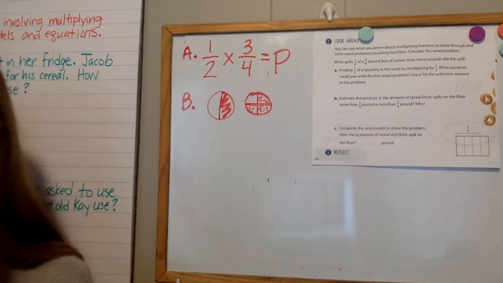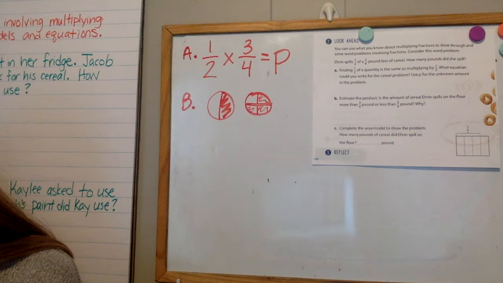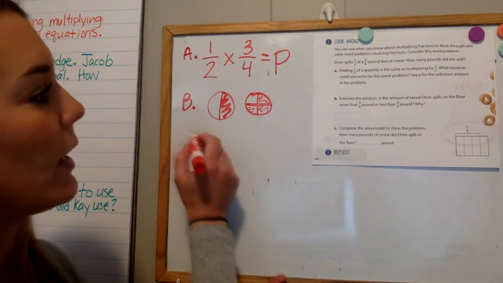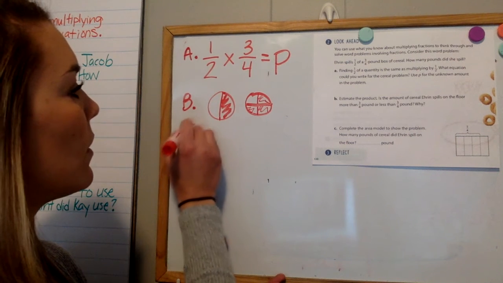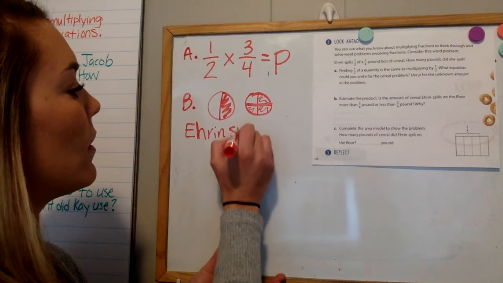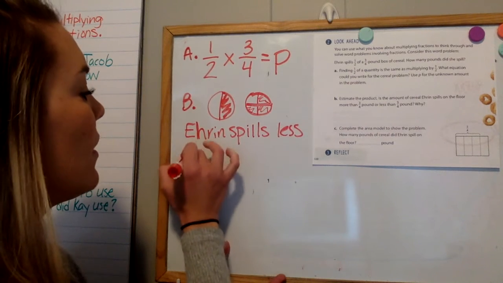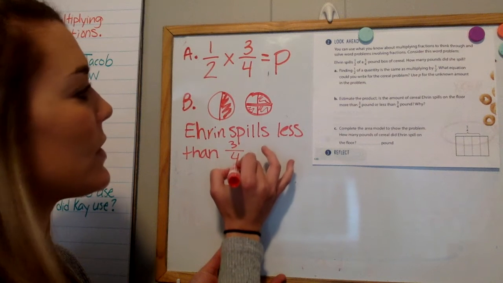So, this means we can say Aaron spills less than 3/4.